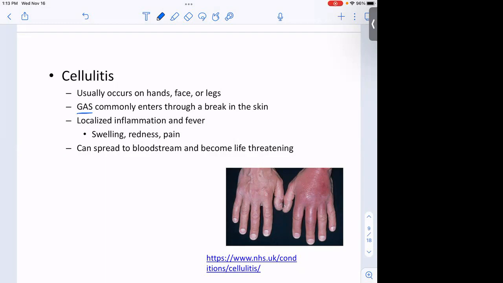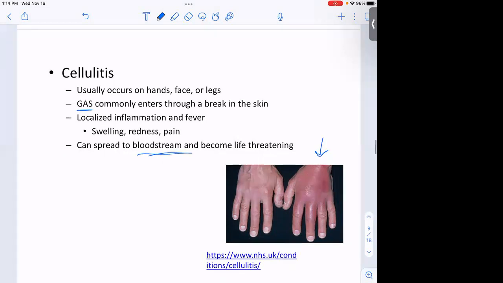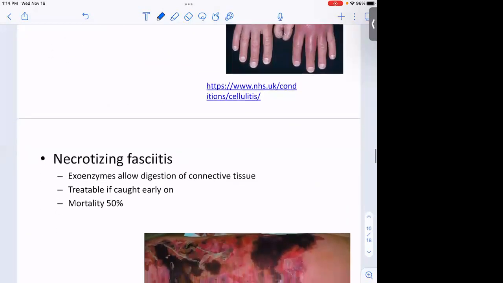Usually some extremity, hands, face, legs, but you can see this hand is the one that's infected. It's swelled up, it's quite red. Okay, so localized inflammation again, but usually has the potential to go a little bit deeper. Fever, so again, can spread to the bloodstream and become life-threatening. So yeah, have that checked out if you suspect either one of those things.